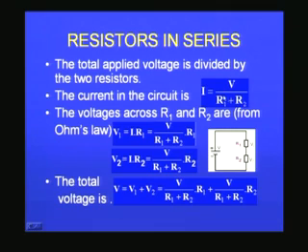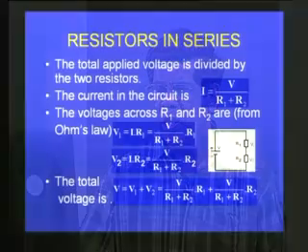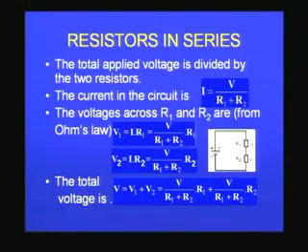Now, if I know the current, then it is a simple matter to obtain the voltage developed across each one of the two resistors in the circuit. For example, if I want to find the voltage across R1, if I call it V1, V1 is by Ohm's law given by current times resistance.